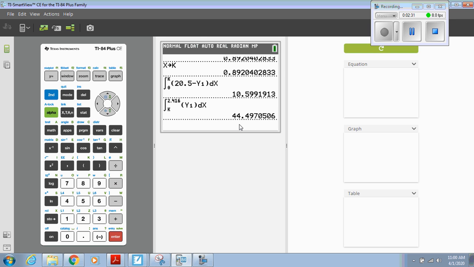So we get 44.497. So that's the area of y1.